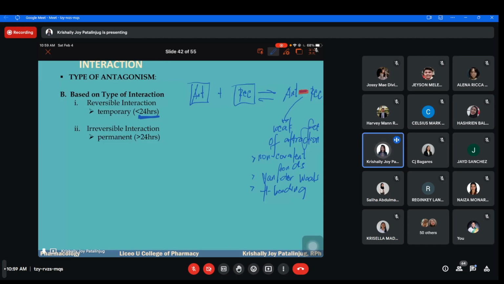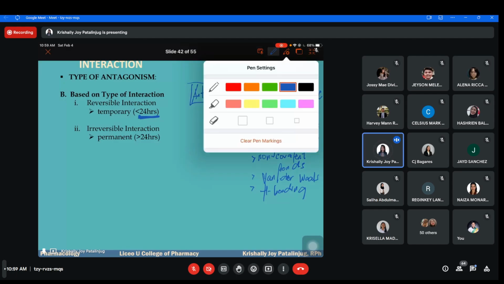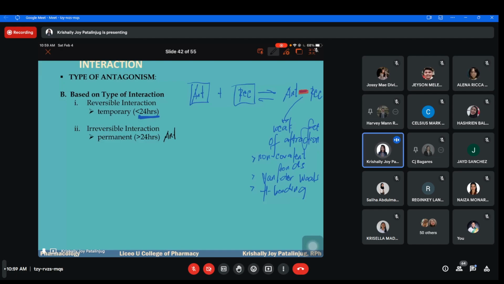Then irreversible interaction naman kapag longer this time yung duration ng interaction of the antagonist to the receptor. Okay? And the reason is, opposite naman ito, strong bond naman yung nagko-connect sa antagonist at saka receptor. Okay? Kaya irreversible yung interaction. So you have antagonist, then ito receptor. Itong bond na ito is, let's say, a covalent type of bond.